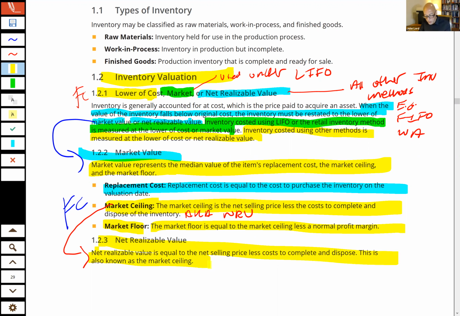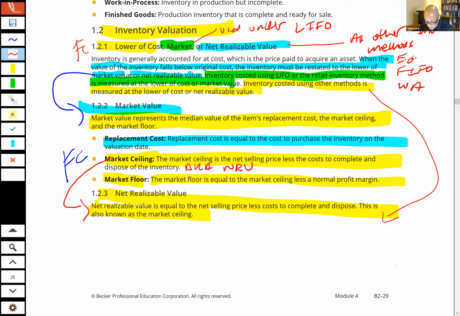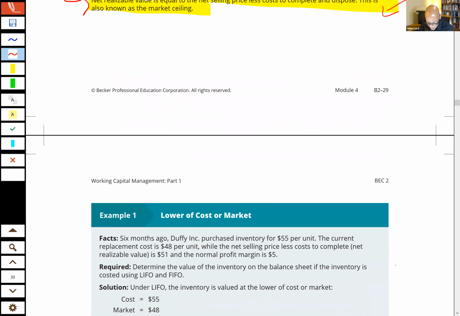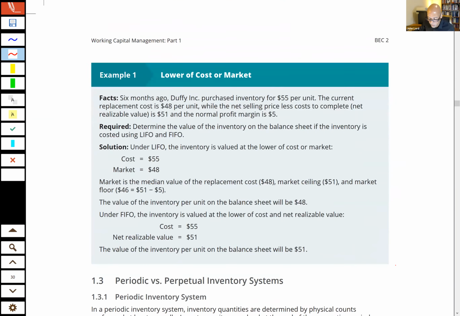In other words, the market ceiling, and we would use net realizable value for all other inventory methods other than LIFO, okay?